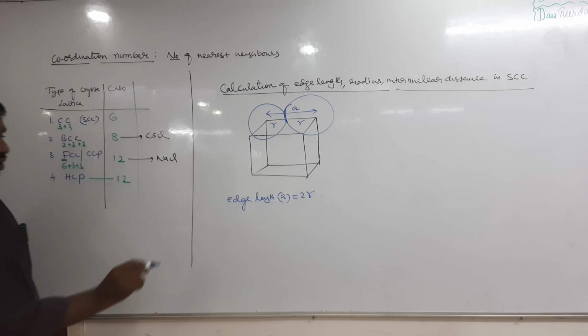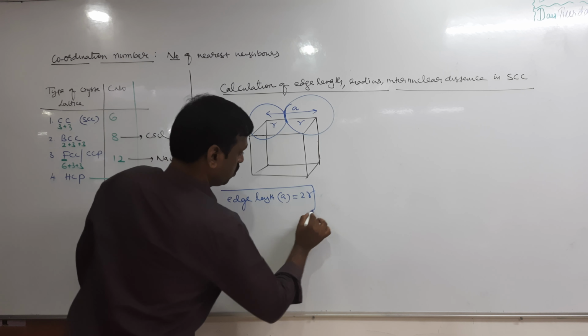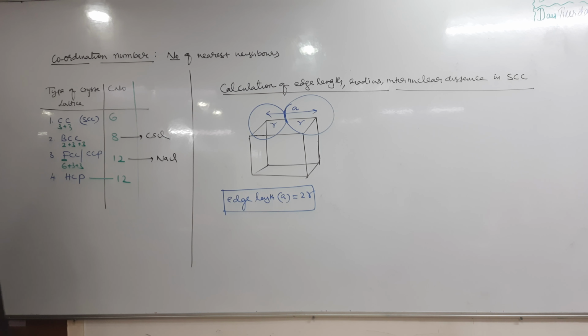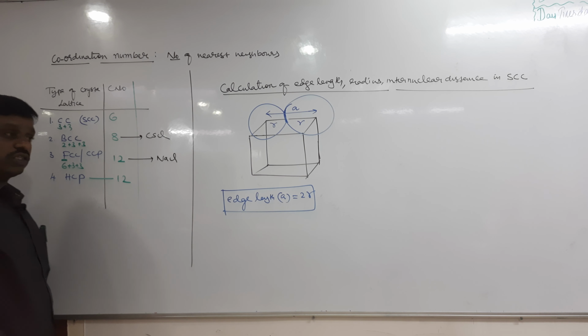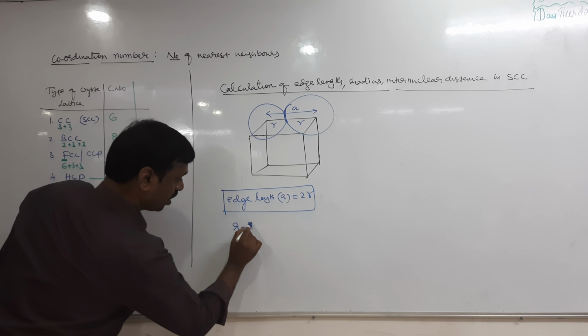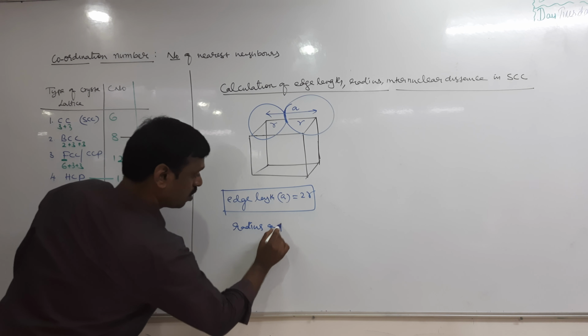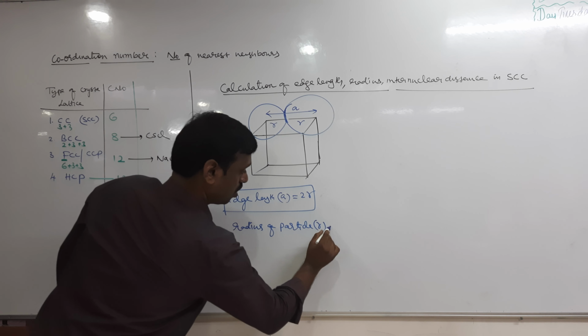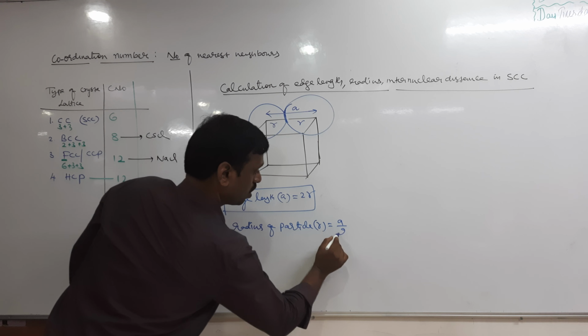So if r value is given, you can calculate edge length. In simple cubic crystal, you can also calculate radius. Tell me, what is the radius of particle? Radius of particle r equal to a by 2.